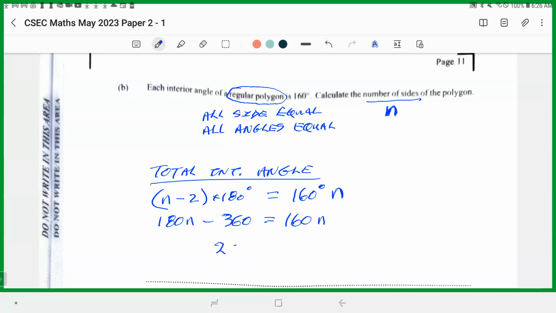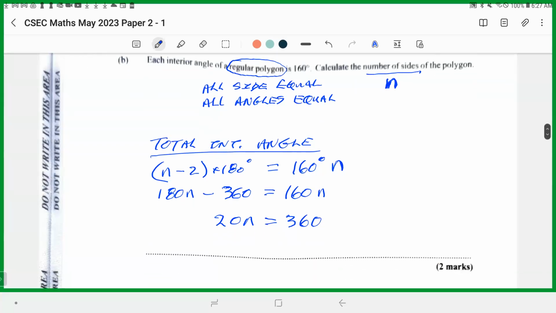I'm going to get 20n equals 360. If I divide 360 by 20, I divide the zeros first, and then it's 36 divided by 2, which gives me 18. The number of sides is 18.